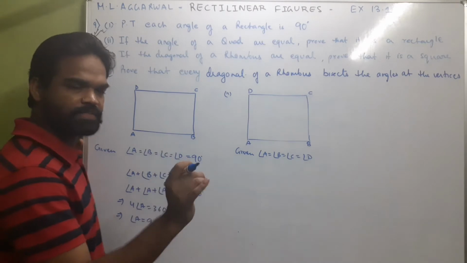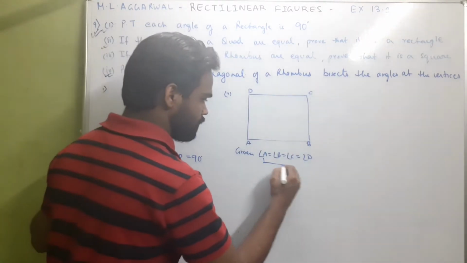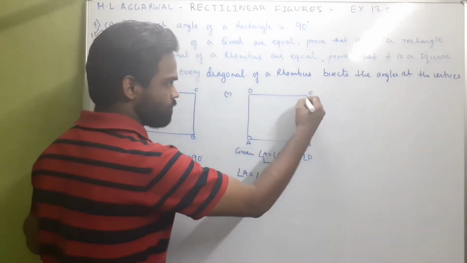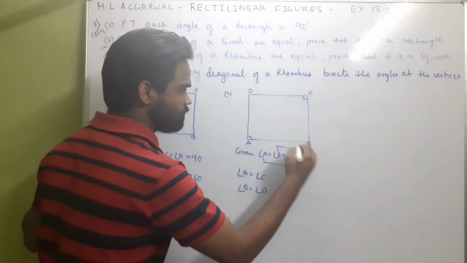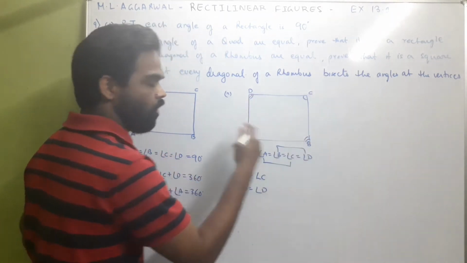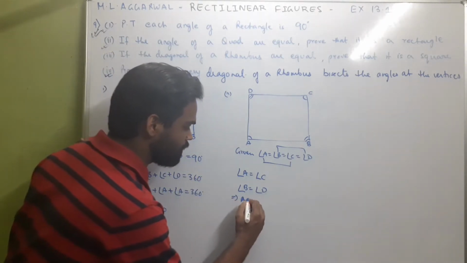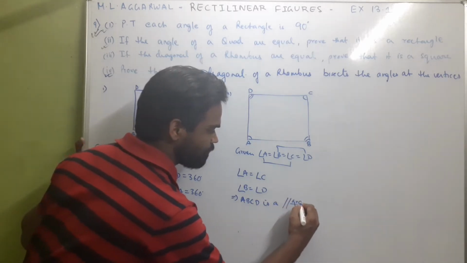Very easy. First thing, you show that it's a parallelogram. How? Look. Angle A is equal to angle C and angle B is equal to angle D. Opposite angles of the quadrilateral are equal, which means ABCD is a parallelogram.